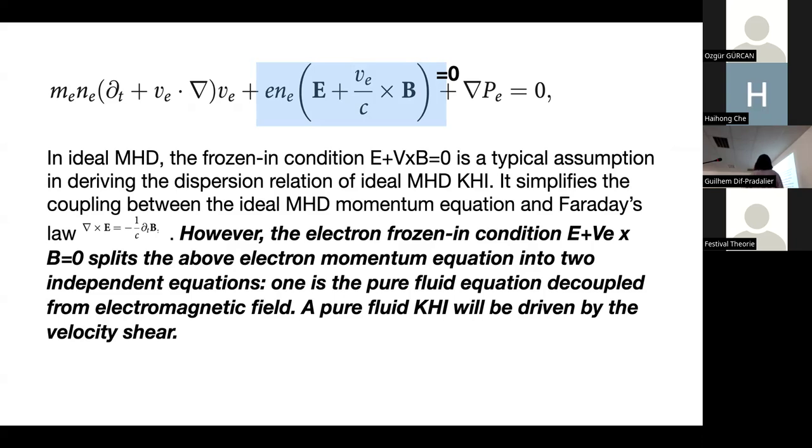One is a pure fluid equation that is decoupled from the electromagnetic field. It means if you have a velocity shear, this equation can give you a pure fluid velocity instability. It doesn't have electromagnetic waves.